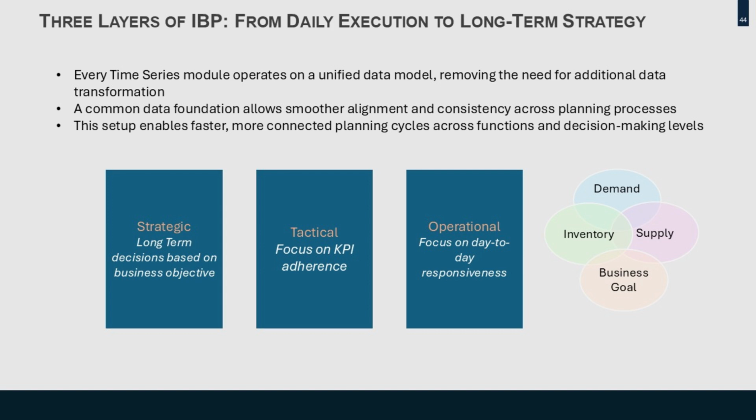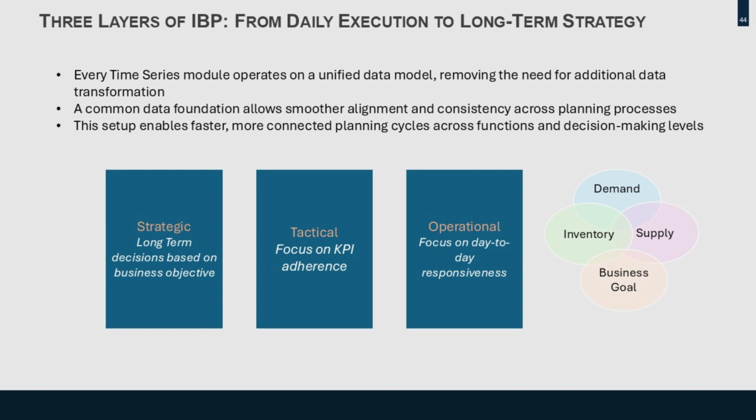One more thing, planning isn't always about numbers. A lot of insights come from the sales team, marketing folks, or just talking to customers. These are called qualitative inputs. Maybe a salesperson hears a customer might switch brands, or maybe there's a new product coming soon. These don't always show up in the numbers, but they are still super important.